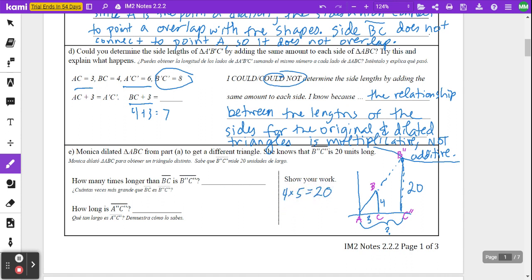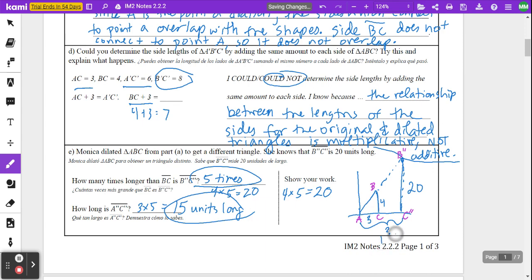So that tells me that B double prime C double prime is 5 times longer than BC. And similarly, A double prime C double prime must also be 5 times longer than AC. So that would be 3 times 5 equals 15 units long. This distance right here must be 15. All right, we continue.